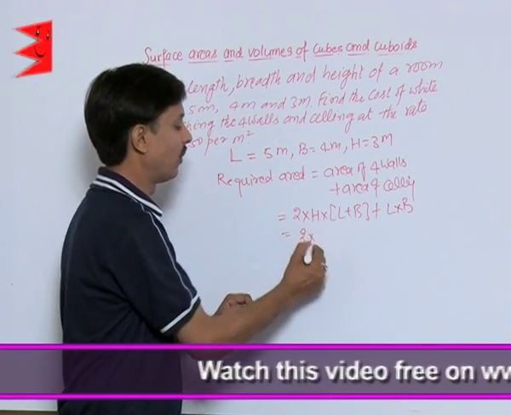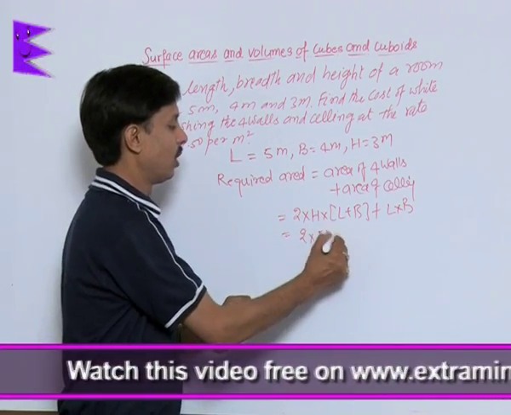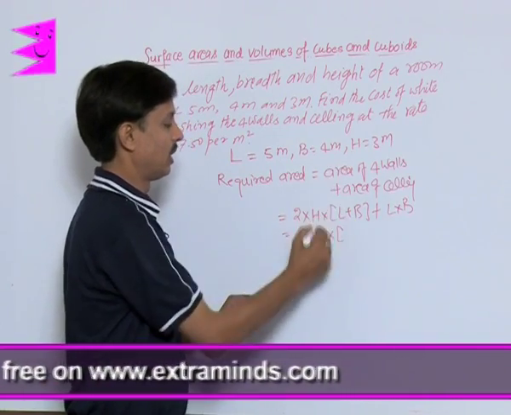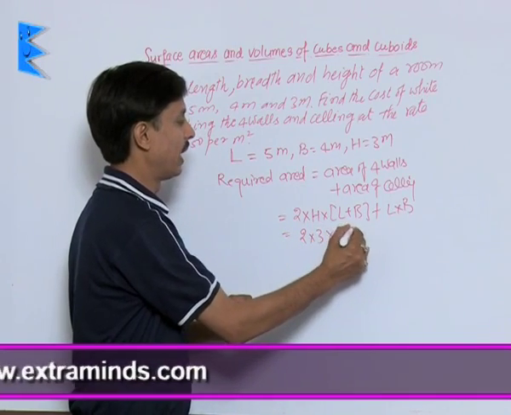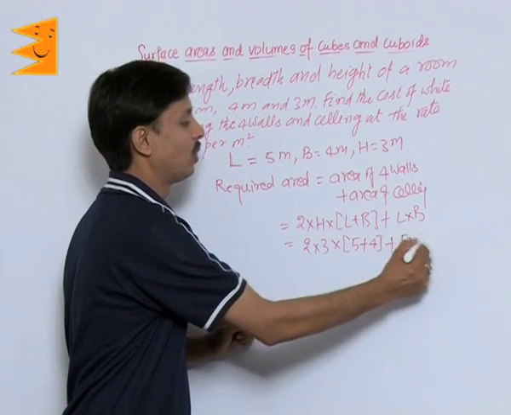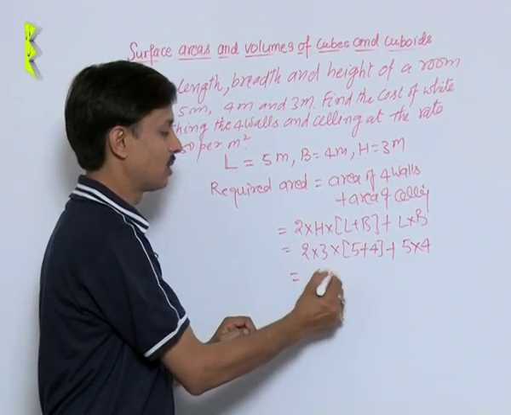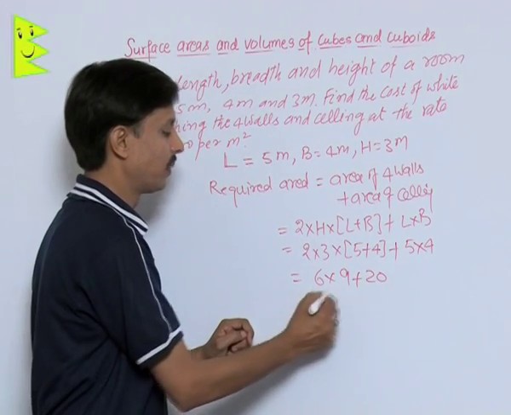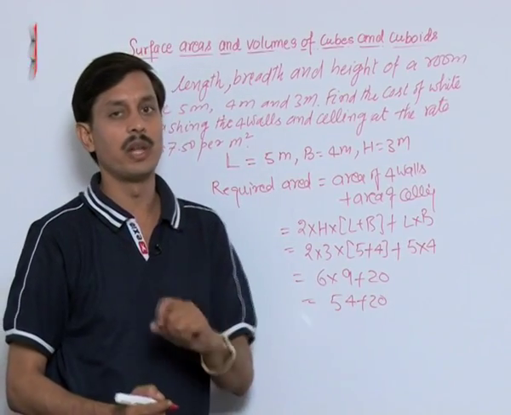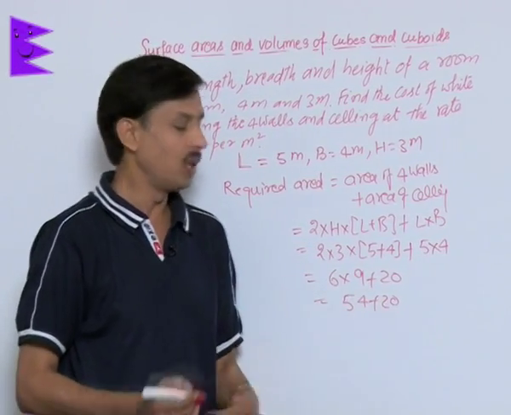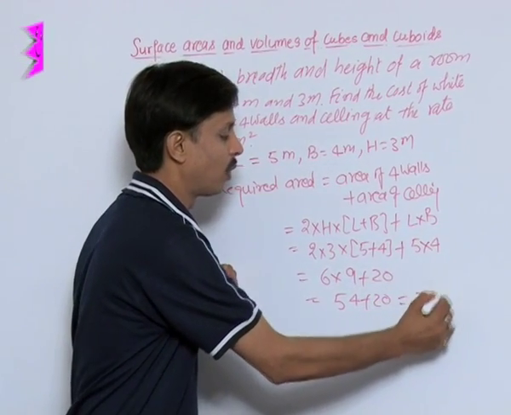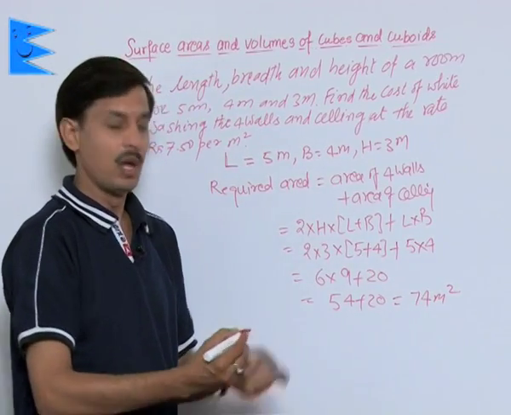Substituting the values, 2 into 3 into (5 plus 4), plus 5 into 4, the result is 6 into 9 plus 20, that is 54 plus 20. 54 meter square is the area of 4 walls, 20 meter square is the area of ceiling. This answer comes out to 74 meter square.